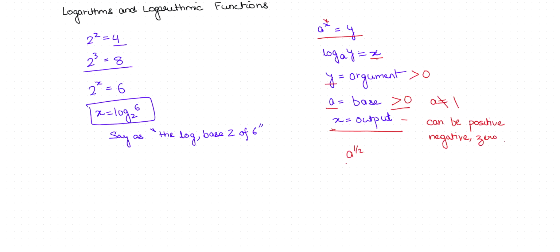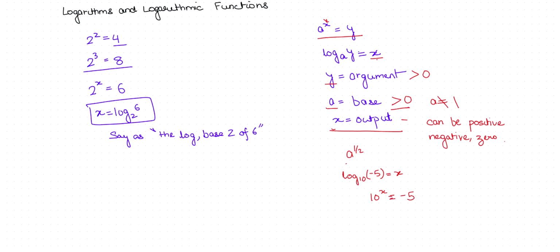And the argument must also be greater than 0, because, for example, suppose we have log base 10 and the argument is negative 5, and this equals x. If we convert it into exponential form, no value of x would give 10 raised to power x equal to negative 5.